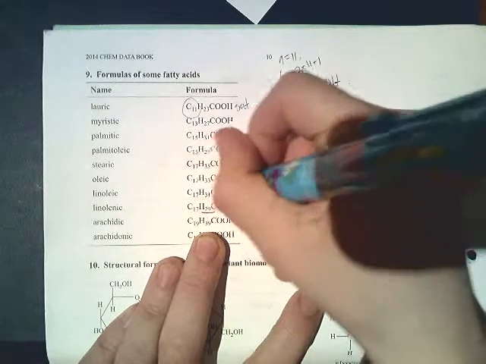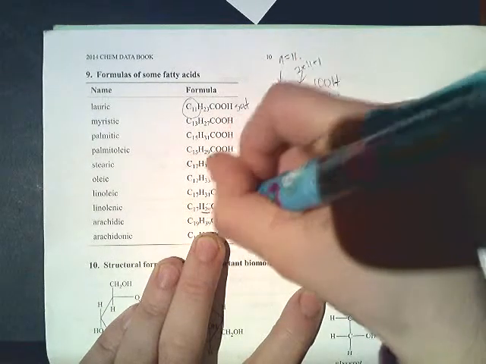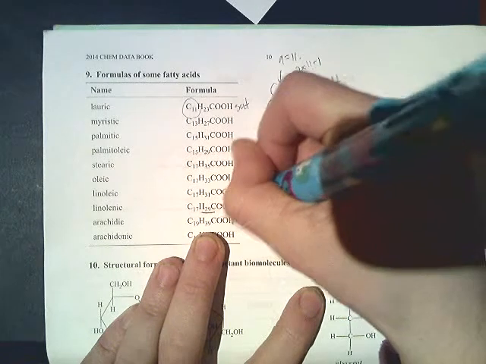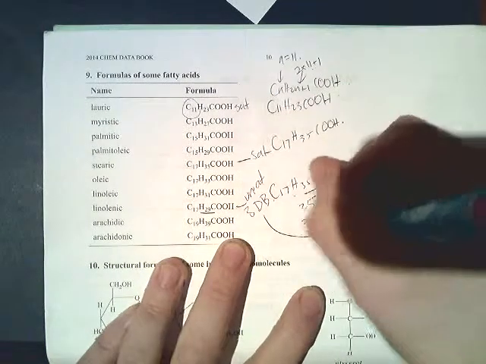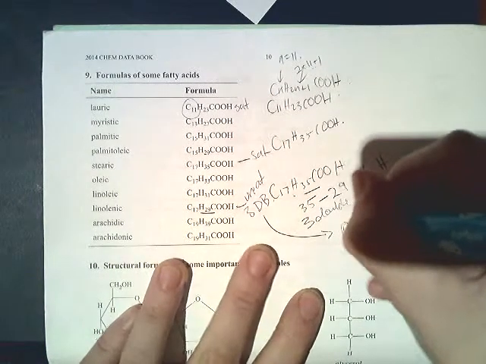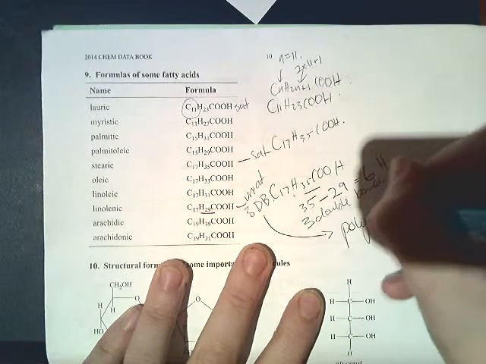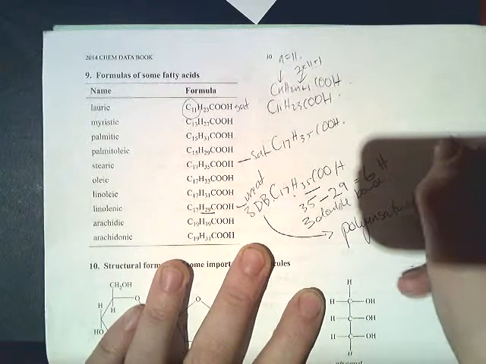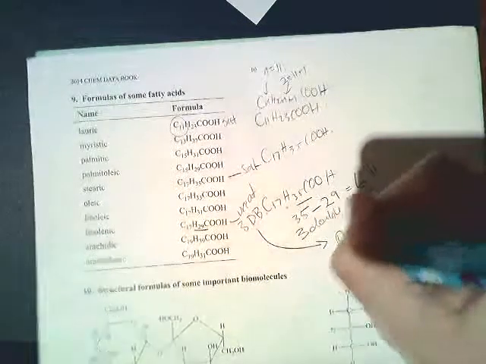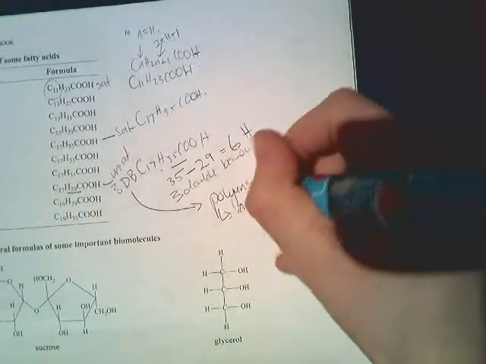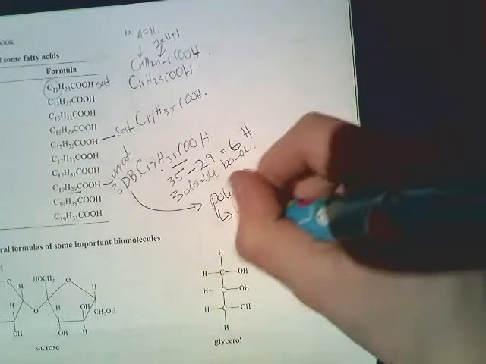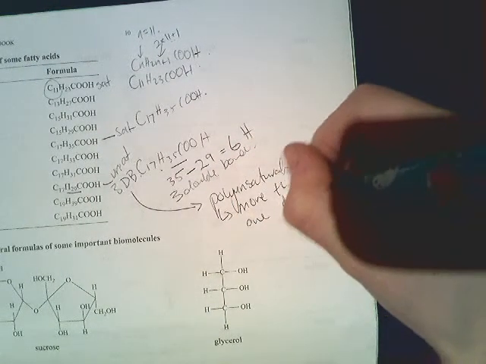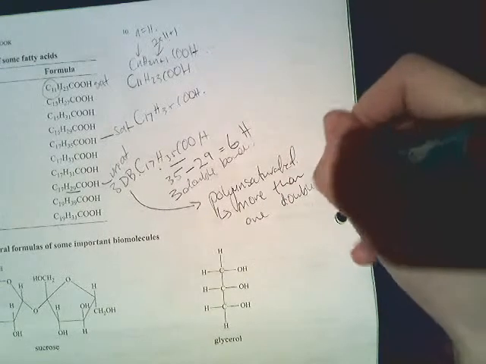So you call this unsaturated, with 3 double bonds, and you would say that it is polyunsaturated. Polyunsaturated means more than 1 double bond.